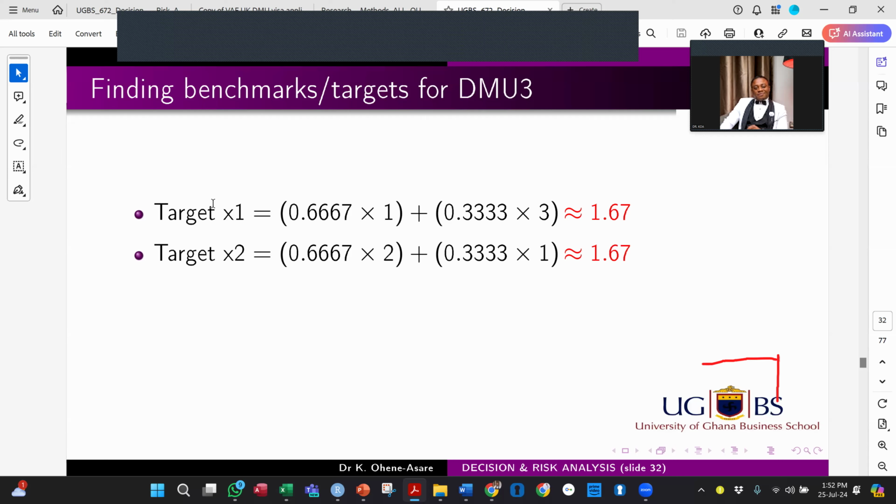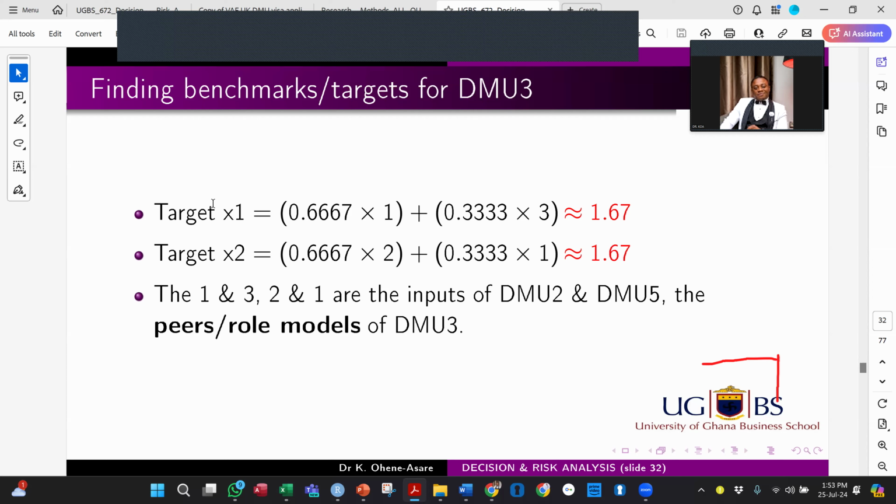Now, what about input 2? You take the same values, multiply by the input 2 for DMU2 and input 2 for DMU5, and then you add them. That will also give you 1.666. Therefore, the target for DMU3 for input 1 is 1.67, and for input 2 is 1.67.